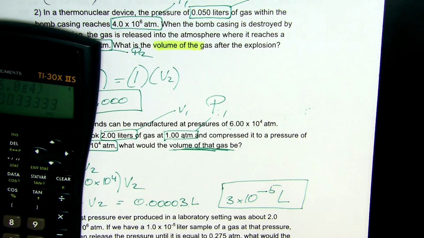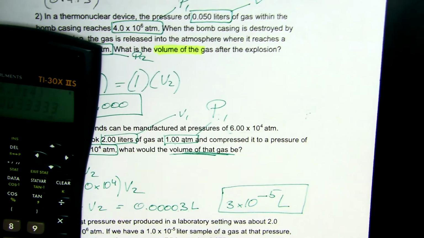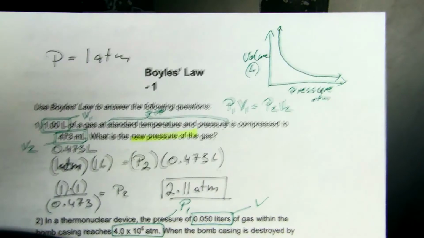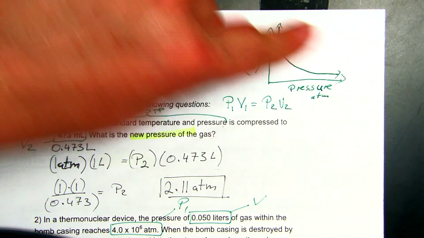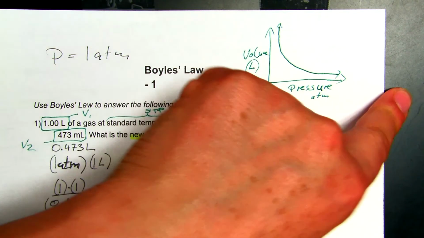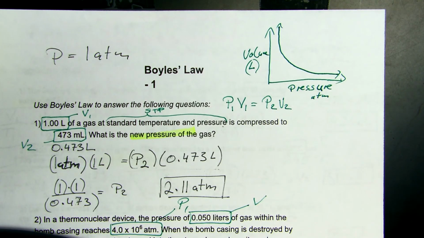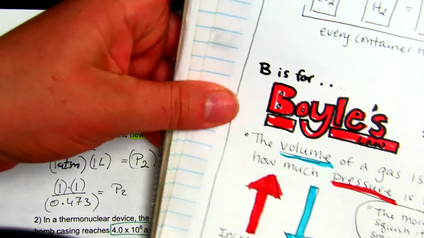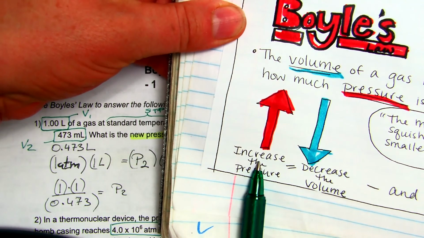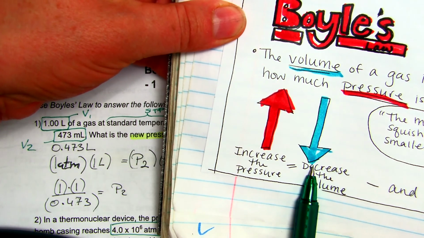It has to be small because the pressure is large. Remember, if the pressure goes up, what happens to the volume? It goes down, because you're squeezing it together.